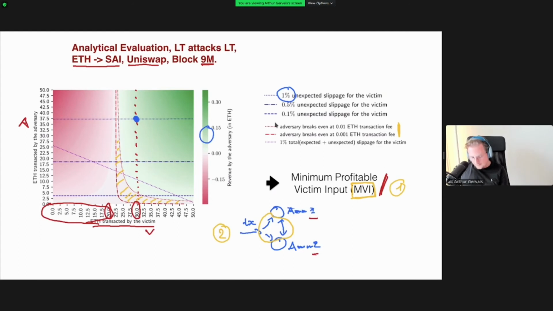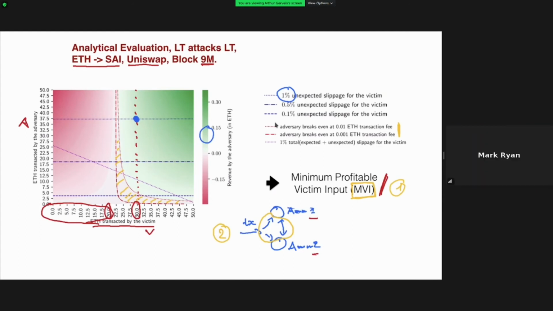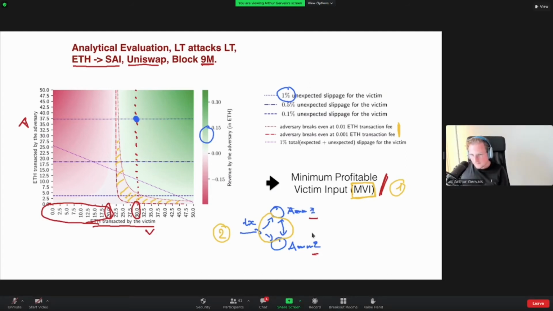Yes, but you paid twice the transaction fees again, don't you? Because you pay for both AMMs. At the minimum, exactly. In this particular example, but you do take advantage of the minimum victim input, and you do take advantage of the different prices on the AMMs.